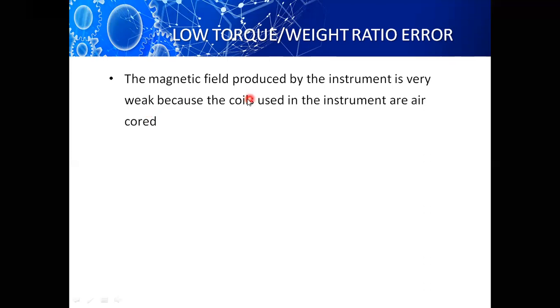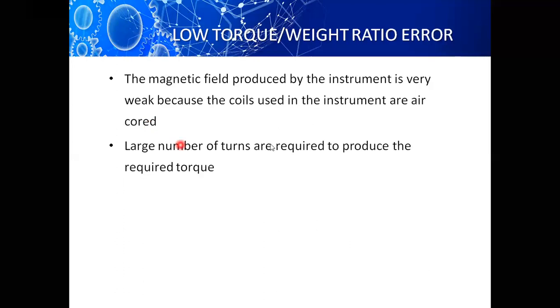That is why the instrument has a very weak magnetic field, because the coils used in the instrument are air core. We do not use a metal core for the moving system or the fixed system. For the fixed coil we go for ceramic. Even for the moving coil we have an air core.